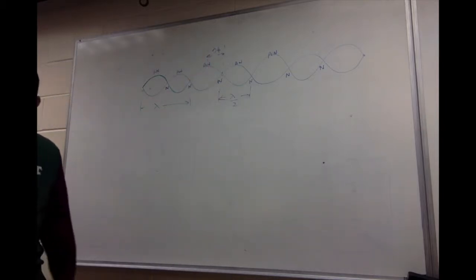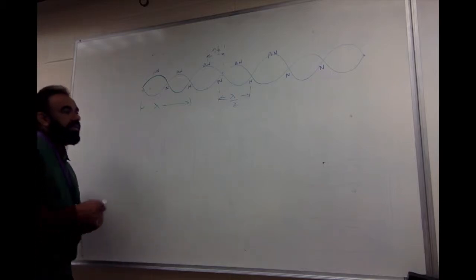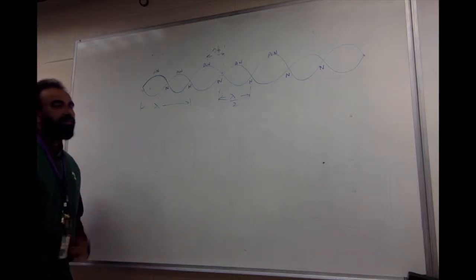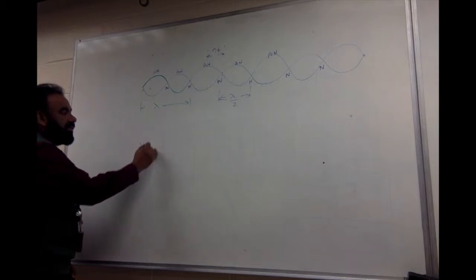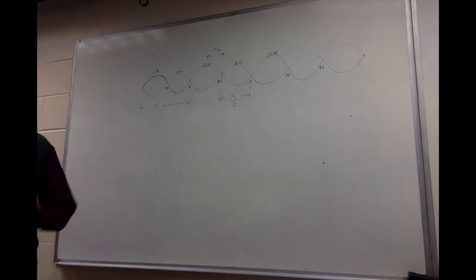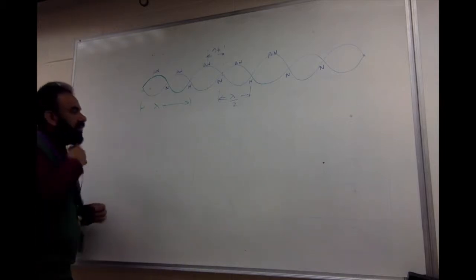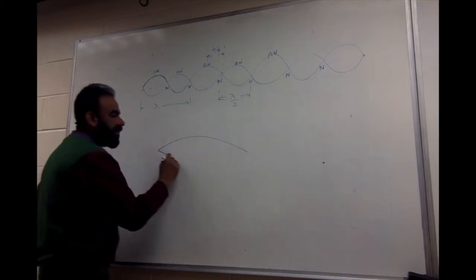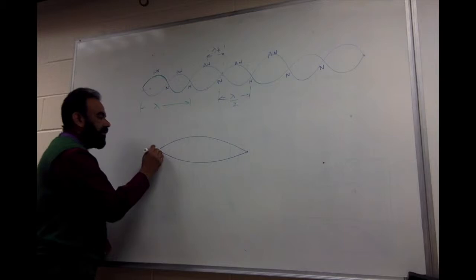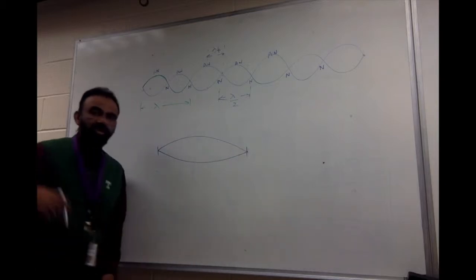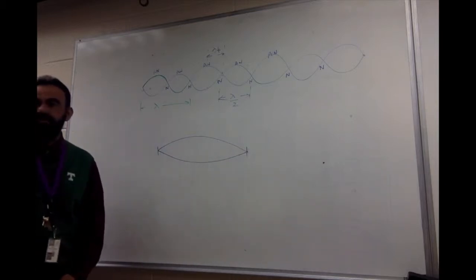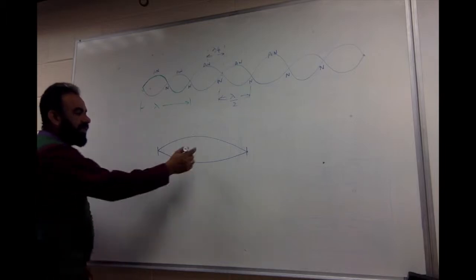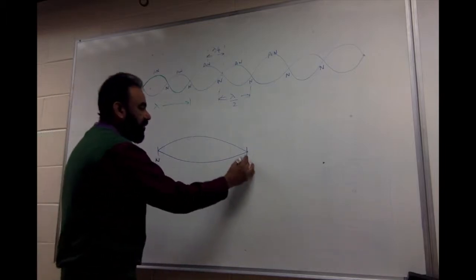Now, how is this applied to musical instruments, say a guitar? In a guitar, you have the string vibrating like that. Between 2 points, the string is plucked and vibrates like this. This is a node and that is a node.